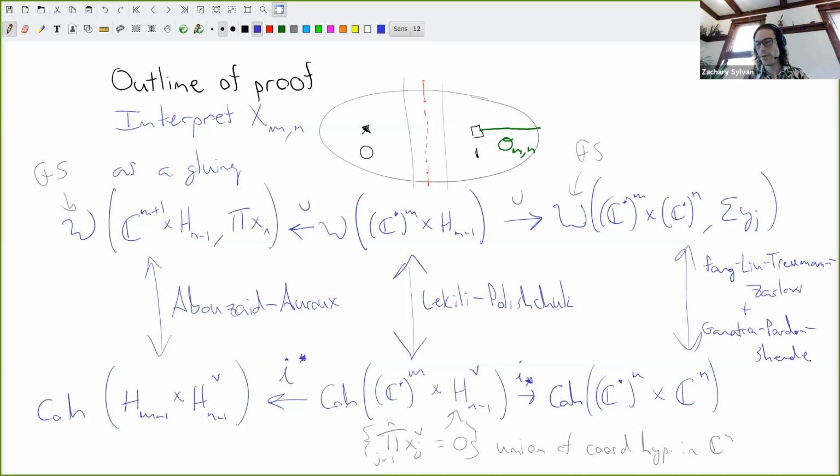We view this as an instance of toric mirror symmetry. And this gives the most direct way of showing that the wrapped presentation of this thing that we want to use does the right thing. Okay. Any questions about the ingredients before I explain how we're going to perform the gluing?